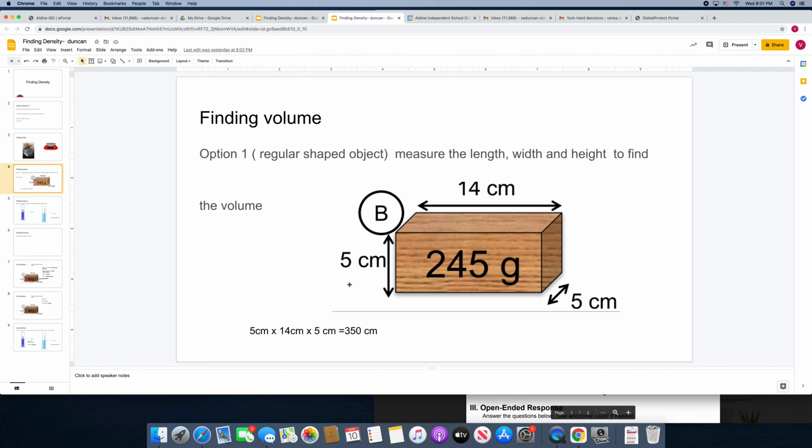You would multiply 5 centimeters times 14 centimeters times 5 centimeters to give you a total of 350 centimeters for this block. That's the volume of this block. So the volume of this block would be 350 centimeters.